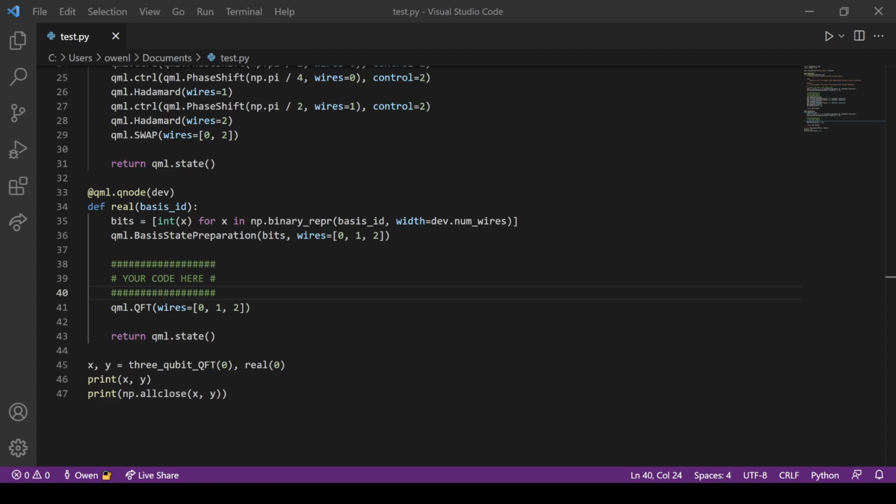All right, now I found it. See, applies the Fourier transform. Does it do the swap? All right. Yes, I think this is what we want.